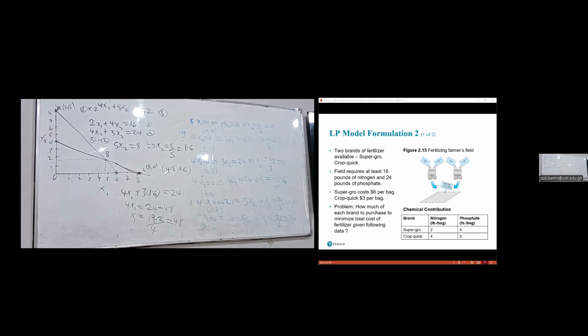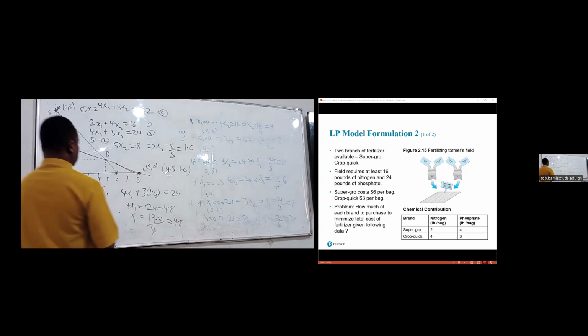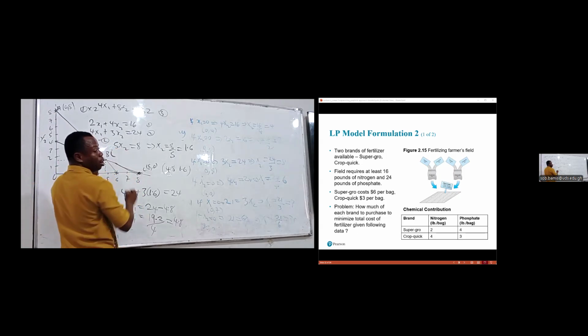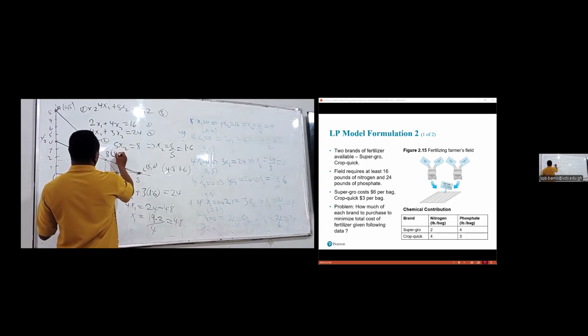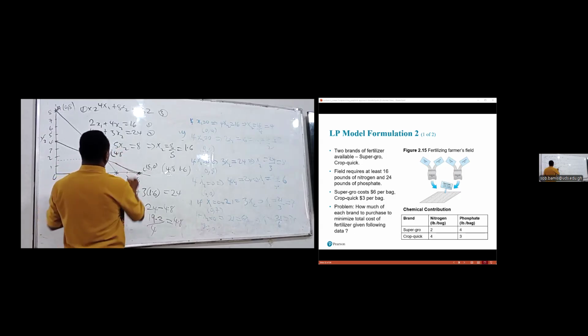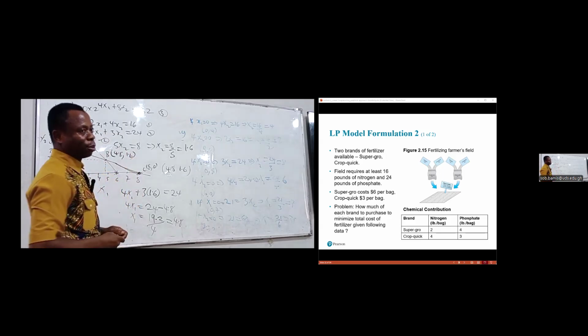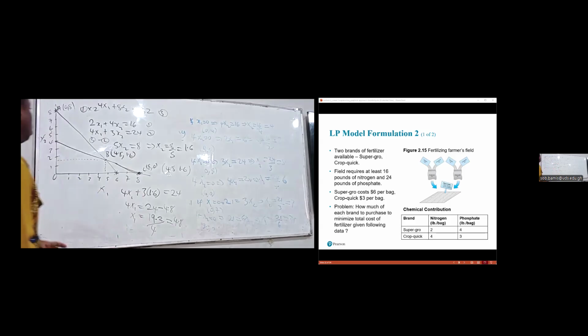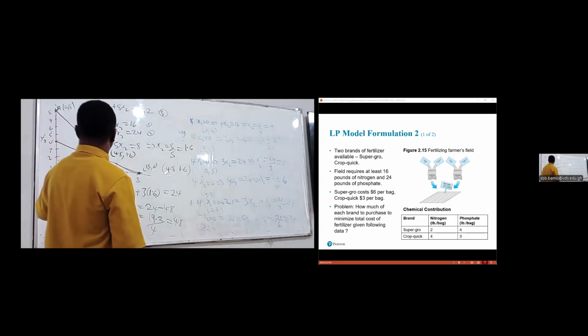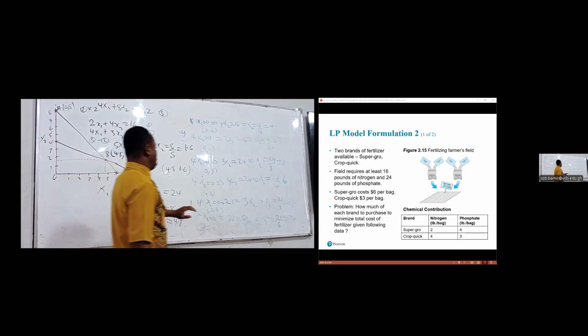So look at it this way. This point B is 4.8 and then 1.6. Let's plot the line for the objective function.